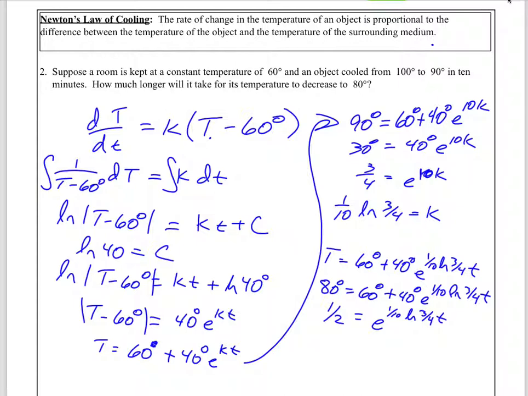Then what do I do? Natural log. The natural log of 1/2 equals 1/10 natural log of 3/4 T.